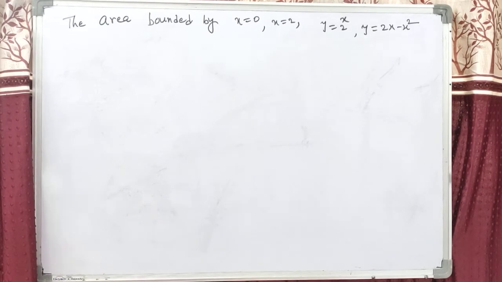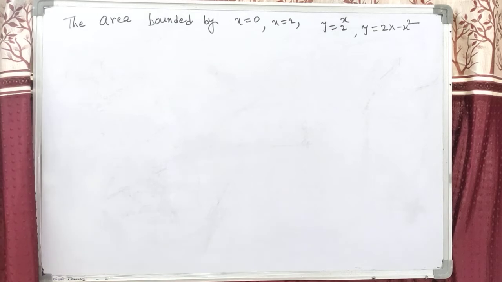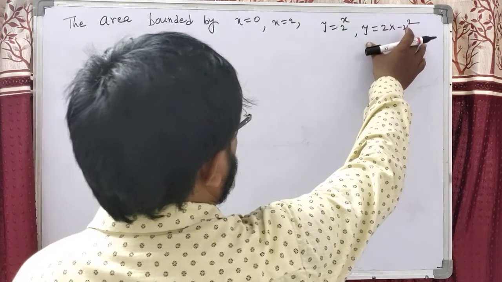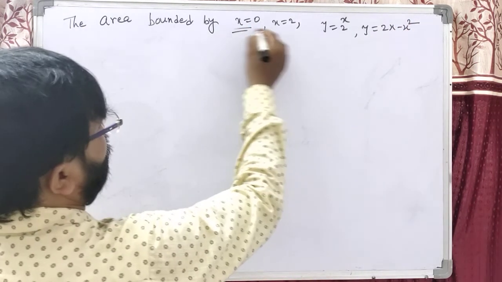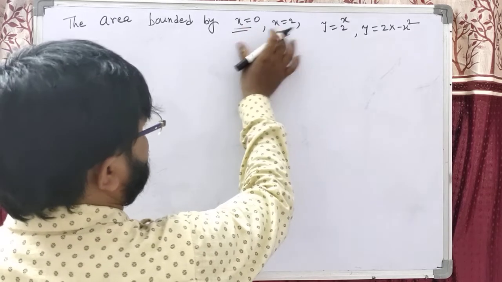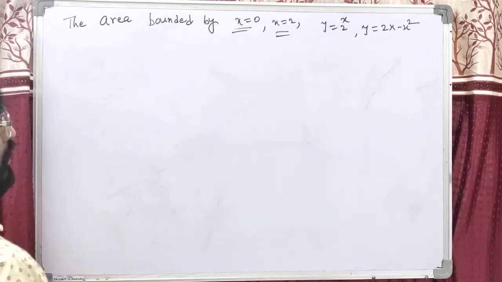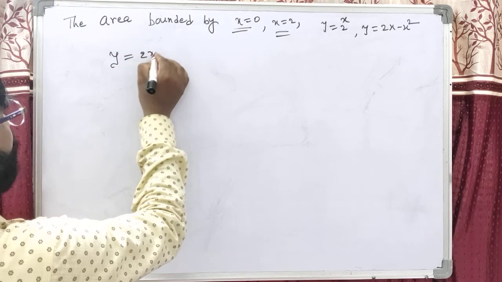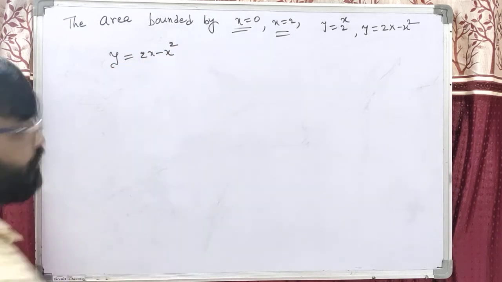Dear students, the area bounded by x equal to 0 and x equal to 2, y equal to 2 power x and the parabola. Students, these two curves are bounded by the limits 0 to 2. Therefore, the given parabola is y equal to 2x minus x square.